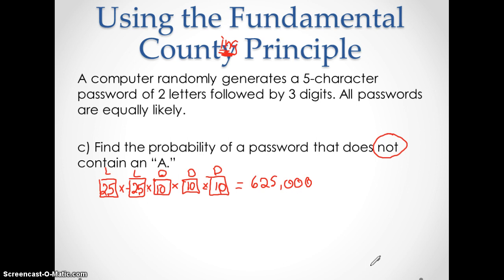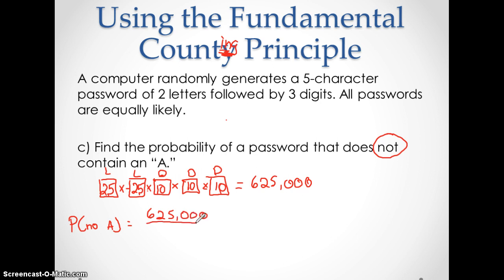So out of all of those passwords you could come up with, 625,000 of them will not contain the letter A. Now we want the probability that it will not contain an A. So when you do the probability of no A, you have what you have up here, 625,000.